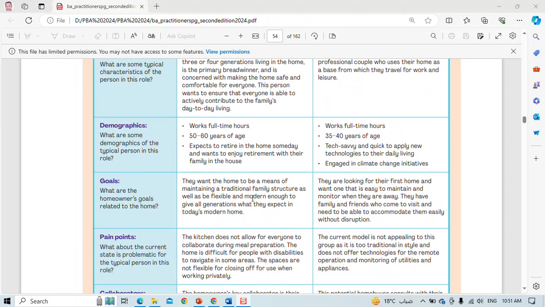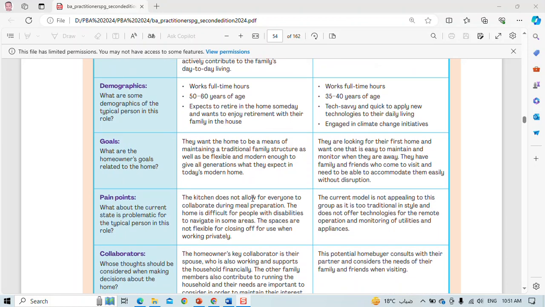They are working for their first home and want one that is easy to maintain and monitor when they are away by using Internet of Things and smart controls. In addition to that, they have family and friends who come to visit and need to be able to accommodate them easily without disruption.